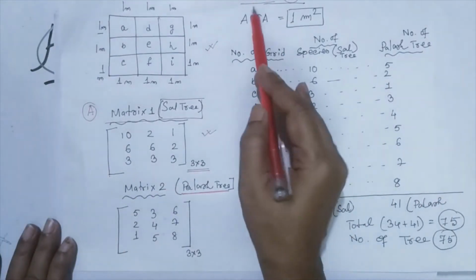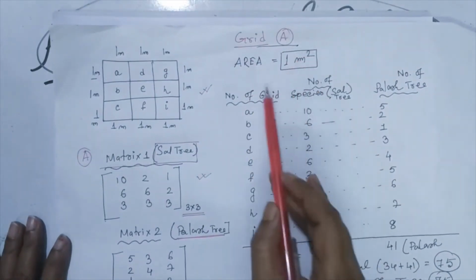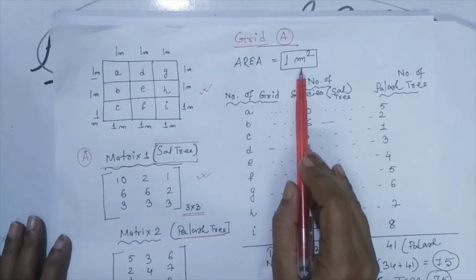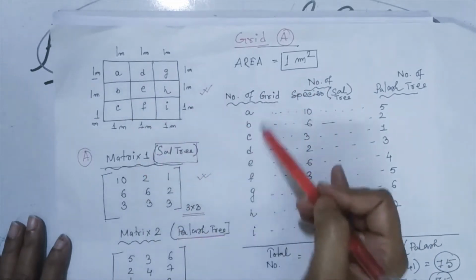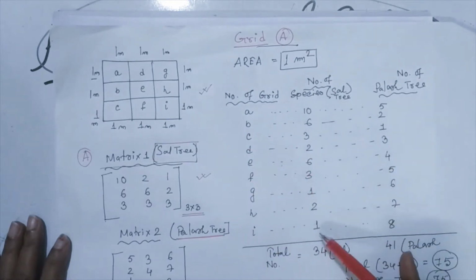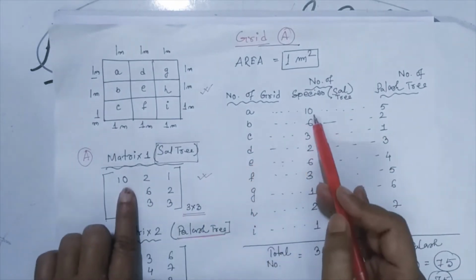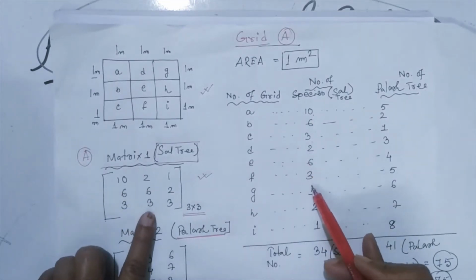Number of grids: suppose this is grid A, the total area is 1 square meter, and the grids go on like so. Here the grids are arranged in vertical order. These are the numbers of species: 10, 6, 3, 2, 6, 3, and so on.